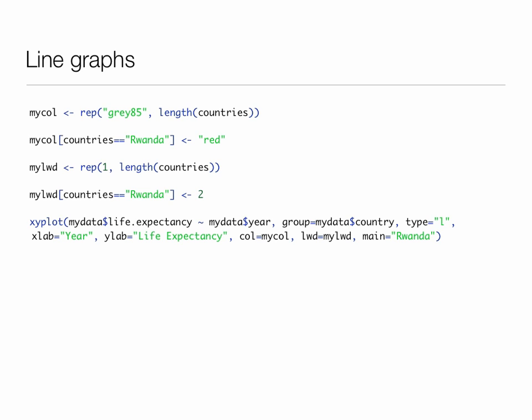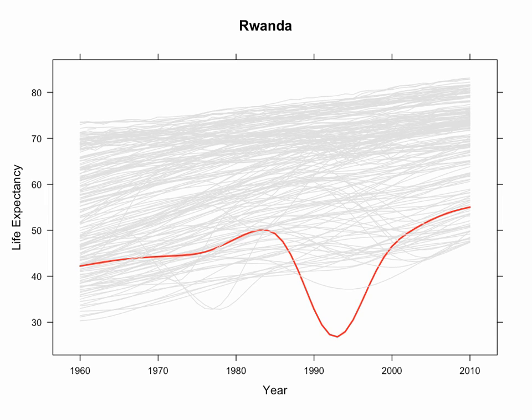And then we go through and we plot the same data, except now the color in MyColor vector is red for Rwanda rather than the U.S., and the width is 2 for Rwanda rather than the U.S. And we can see when we do that Rwanda is one of the countries that dips down most abruptly during the period of the genocides between the Tutsis and Hutu.